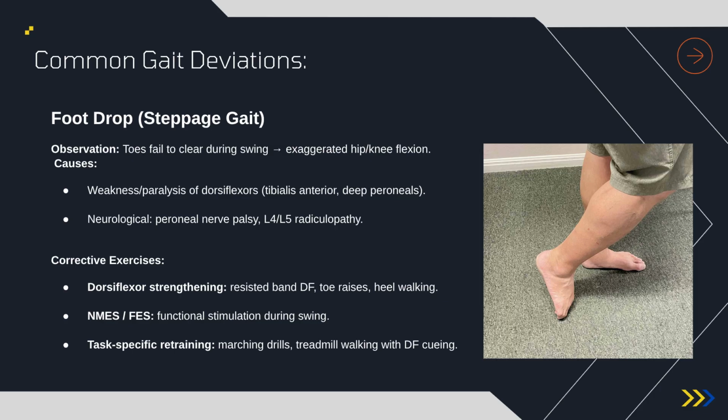And then task-specific retraining, such as marching drills or ambulation on a treadmill using dorsiflexion cueing. AFO if safety is compromised. Foot drop is a swing phase failure, not a stance phase problem.